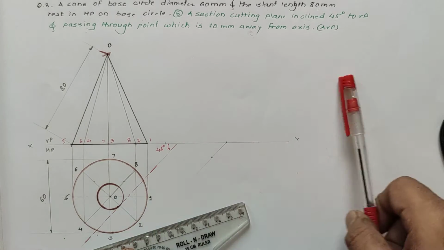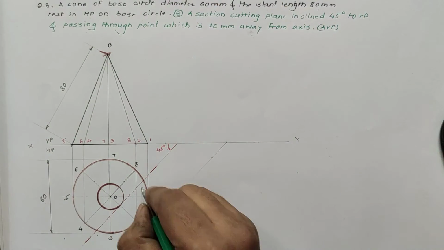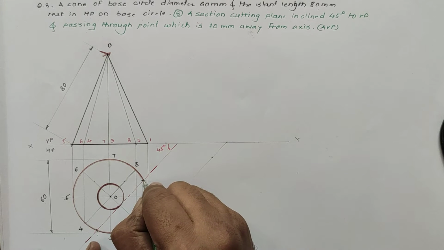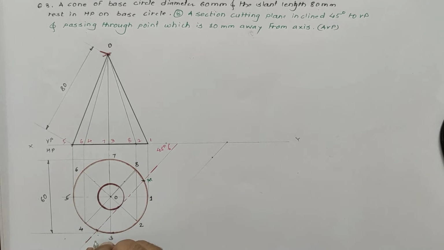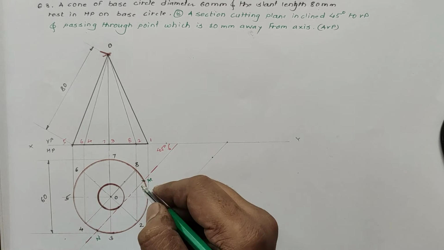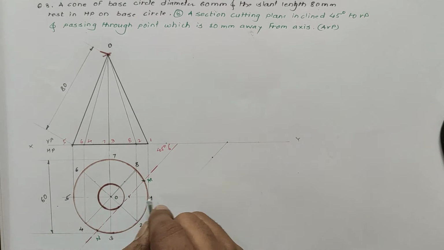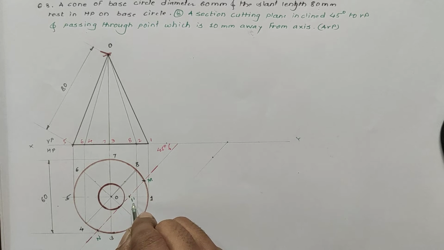We mark the cutting points at the base. It cuts the base circle, so this point we can call M. This point is an end point, and it cuts the slant length. The O1 generator cuts at this point, so we call it 1 dash.